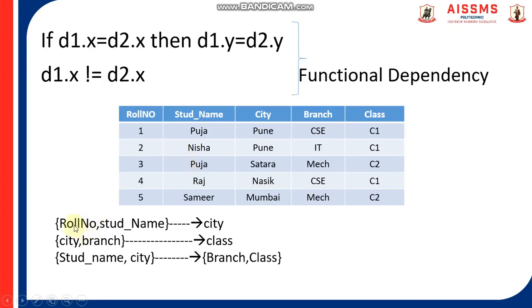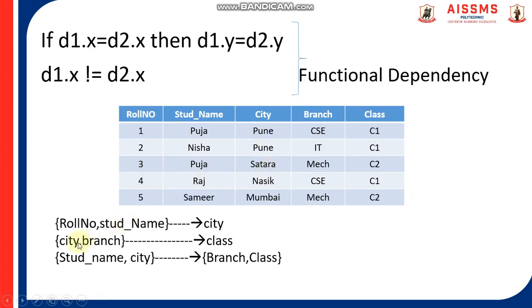But we will see roll number 1 Puja, 3 Puja: this 1 Puja is the x attribute, and this 3 and Puja is the second, so the second case, not equal to D2, means we are clear that this is a functional dependency, so do not bother about the value of city. Because 1 Puja is different, with Pune, and 3 Puja with Satara, so this is a functional dependency.